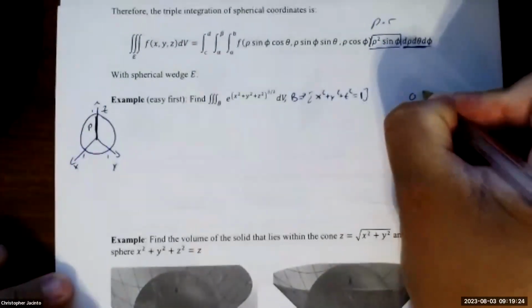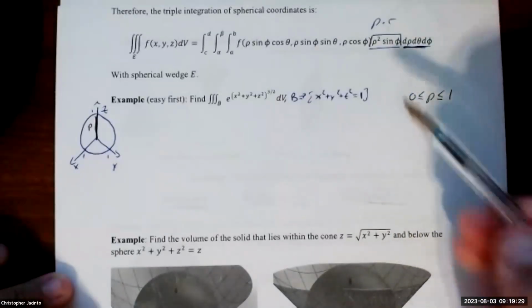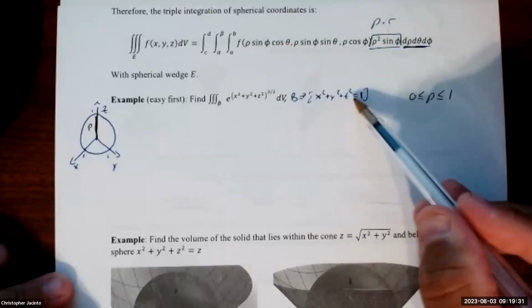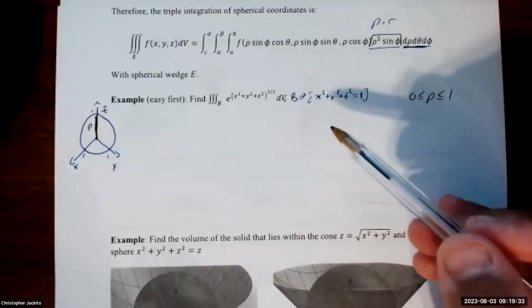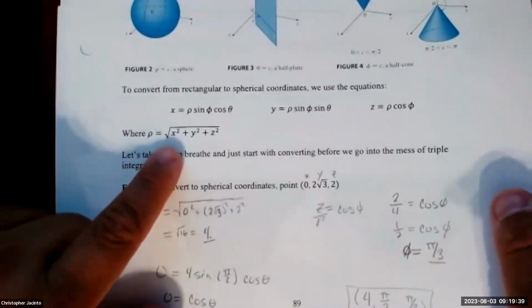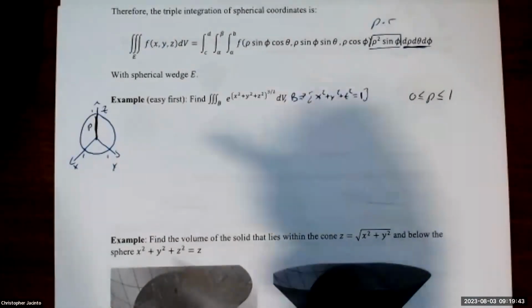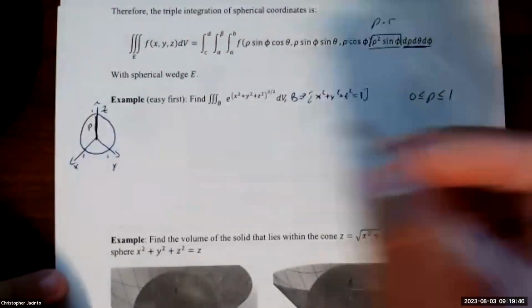So as you can see, rho has to be between 0 and 1. And that makes sense, right? We just plug it in. So we know by our definition that this is equal to rho squared, or the square root of it, right? That's the algebra version. This is the geometrical approach of it.